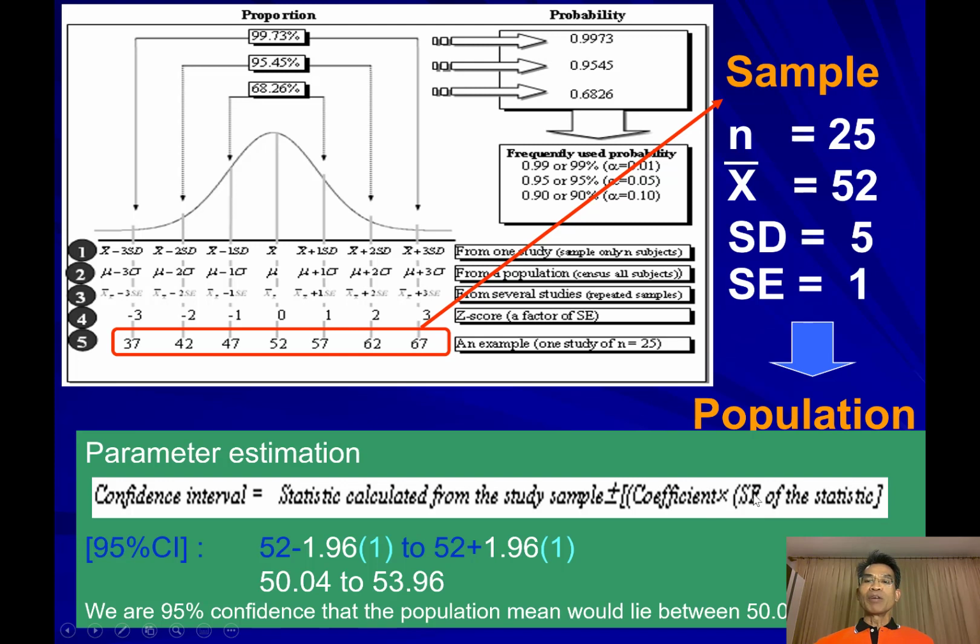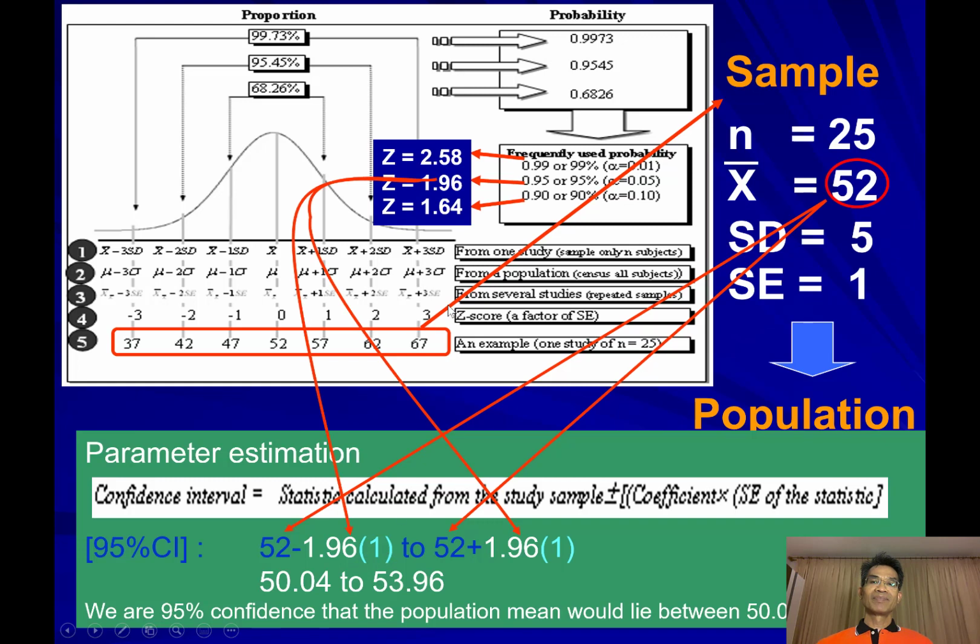Then we multiply by the standard error, or the distribution of the sampling mean in this case, which is 1. Then we substitute this into the general formula. 52 is the statistic obtained from the sample, plus or minus this one, multiplied by the standard error.